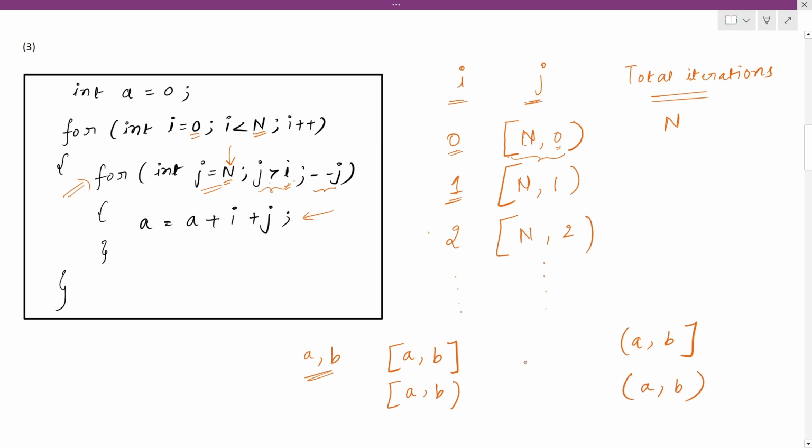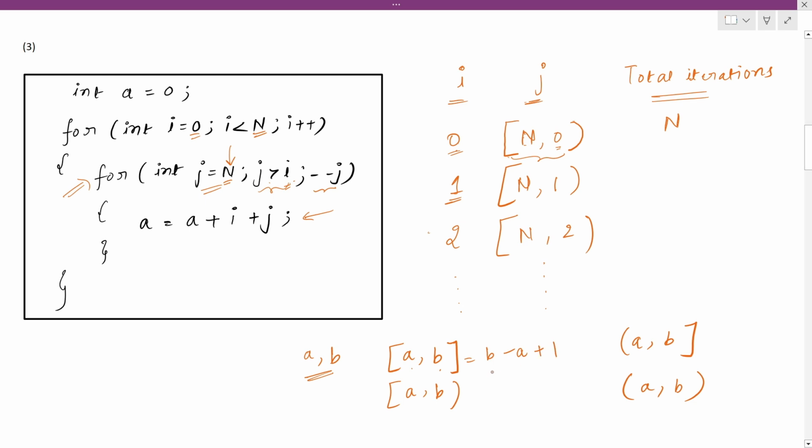So these are the four possibilities that you can have. Generally I'm talking about how we can find out the iterations. If both of them are included, that means a is included, b is included, and the values lie between both of them, then the formula will be b minus a plus 1.